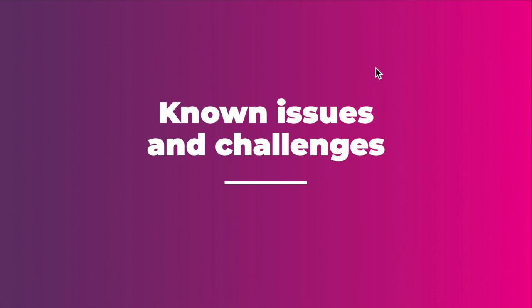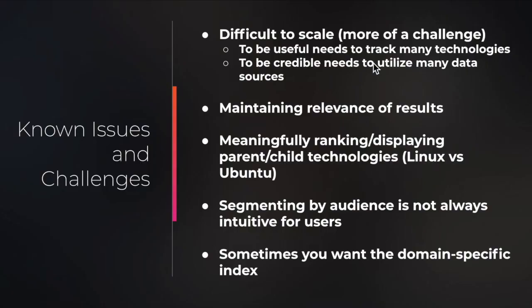Okay, so known issues and challenges. As you can imagine, when it's hand-crafted search queries, it can be difficult to scale. If you add another data source, so we have 8, and if we want to go to 9, that means that right off the bat, I have to populate 932 search queries just to maintain parity with all the other search queries and the number of technologies and their search queries from other data sources.